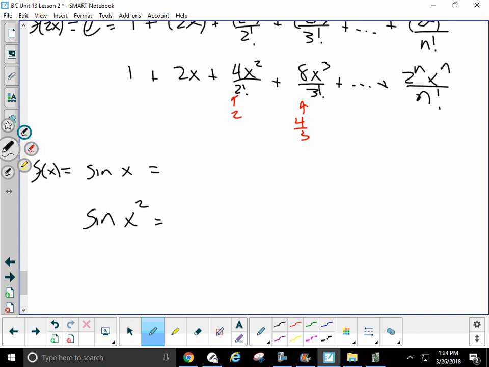So I know now that sine of x is equal to its Maclaurin polynomial, which is x minus, and these need to be memorized, understood and known.